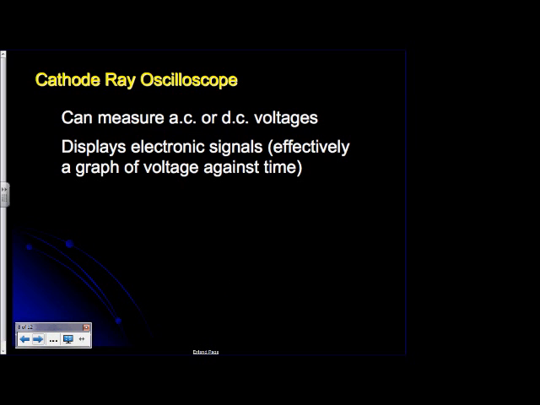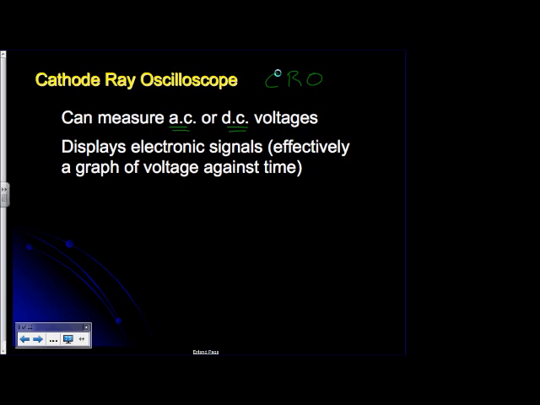Another instrument that you will need to become familiar with this year, at least in a little bit of detail, is something called the cathode ray oscilloscope, or CRO for short. It is something that's used for electricity. You can measure either AC or DC voltages with that.